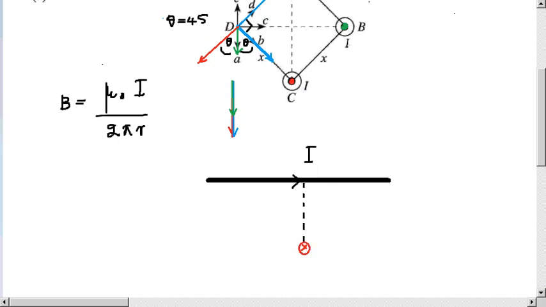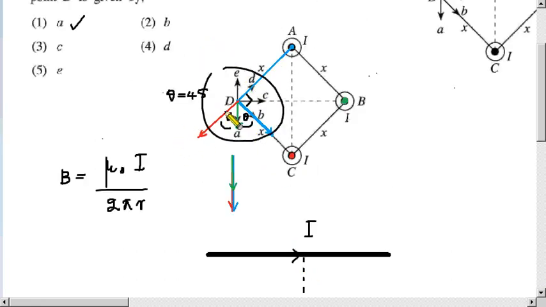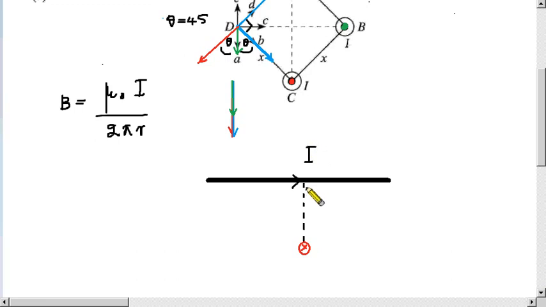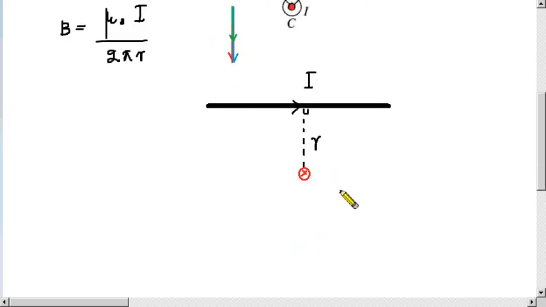So I am going to recall it, because this diagram is something complicated. This is the lesson you learn in the classroom, the perpendicular direction. You take this length as the distance r. The current you know, then you mark the magnetic flux density here, capital B. So B equals mu naught I divided by 2 pi r.